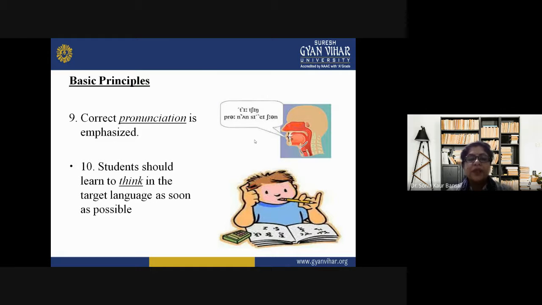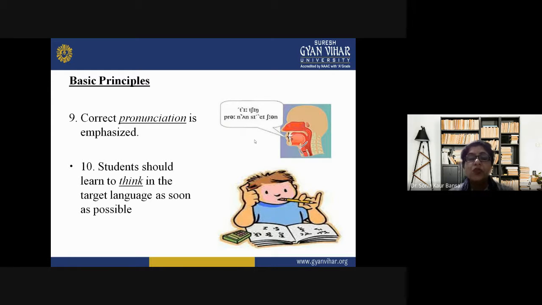Now, basic principles: correct pronunciation is emphasized. So, students should learn to think in the target language as soon as possible. Here in this method of learning the English language, which is called the direct method or natural method, the basic thing is that whatever pronunciation the teacher is exhibiting, students are learning that only.